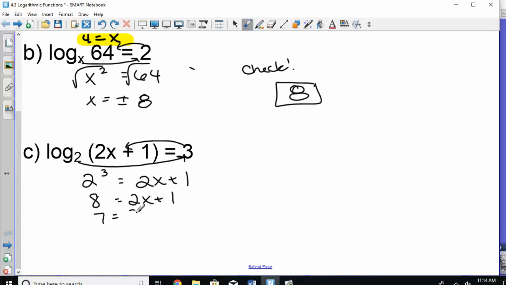Subtract your 1. Divide by 2. All you have to do is make sure, if I plug 7 halves in here, do I get a positive? Yes, so my answer is okay.